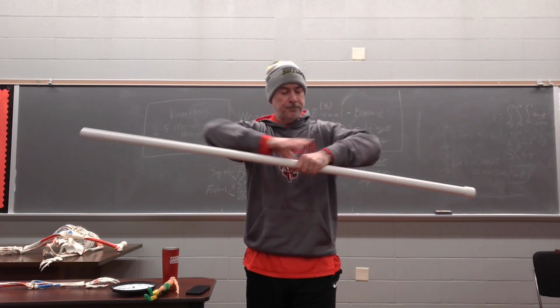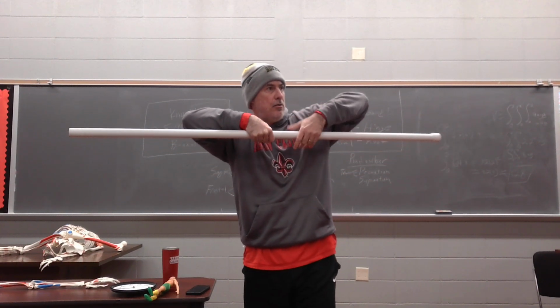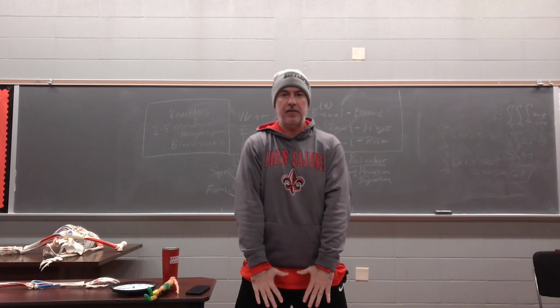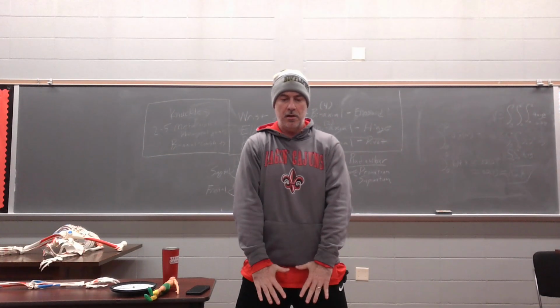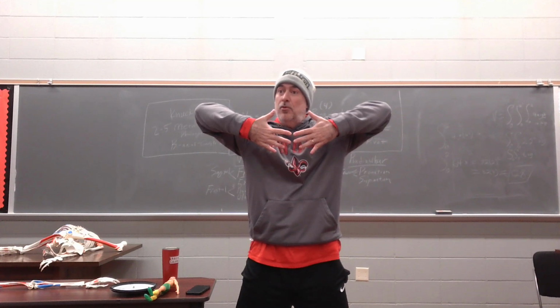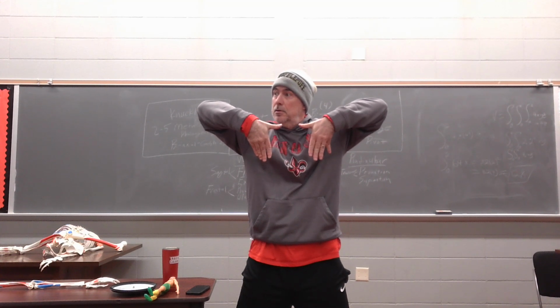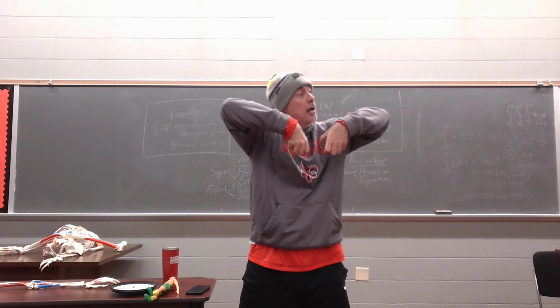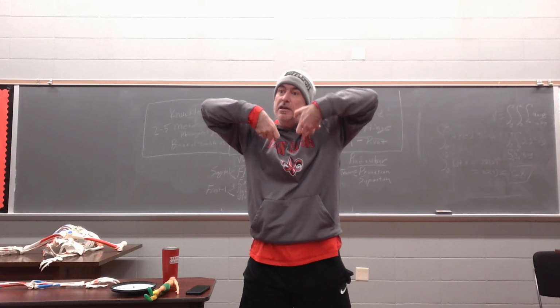So you see how, if my wrist stayed anatomically neutral and I came up, again, I'd have to bend the bar. So to keep my fingers in the same spot, I'm going to have ulnar deviation.